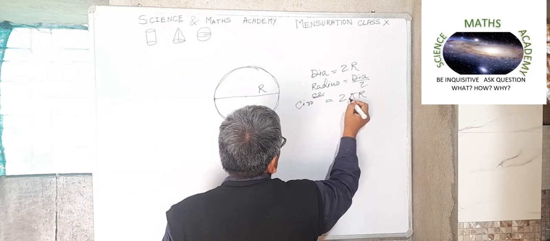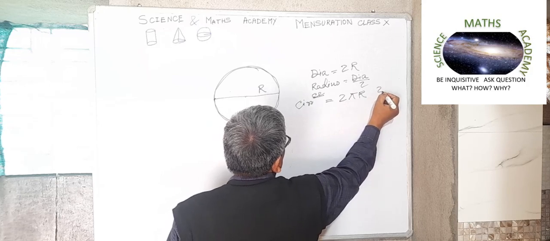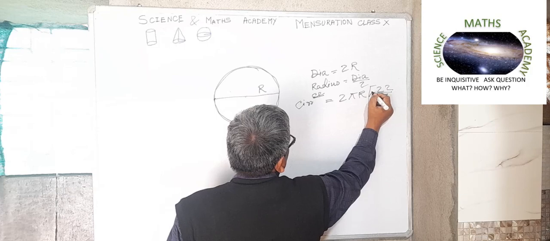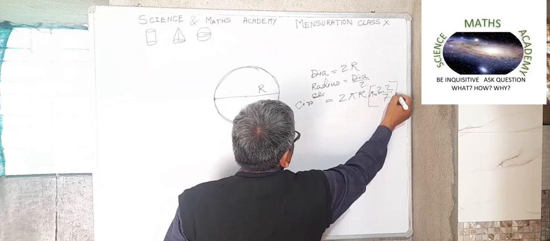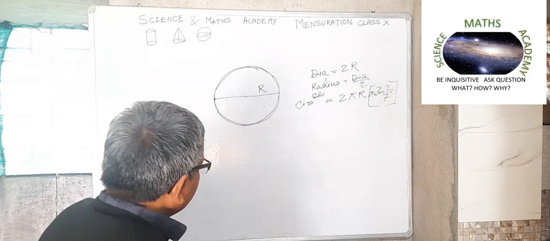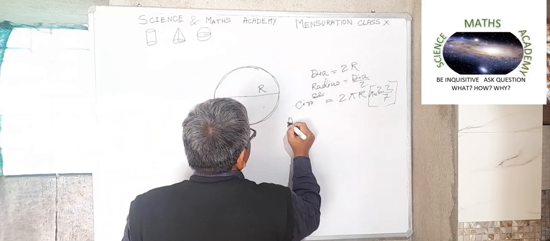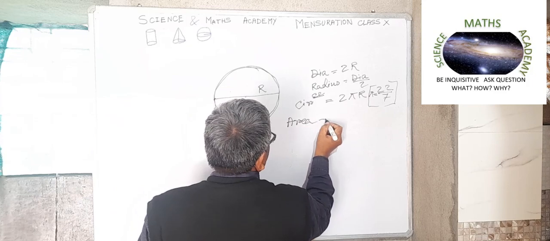You know the value of pi is 22/7, everybody knows. Now circumference is 2 pi r, and area is pi r square.